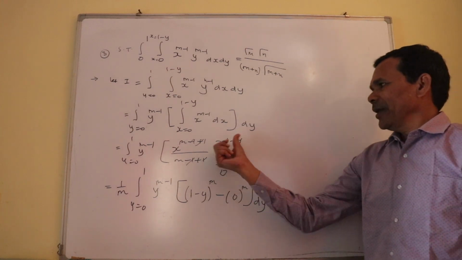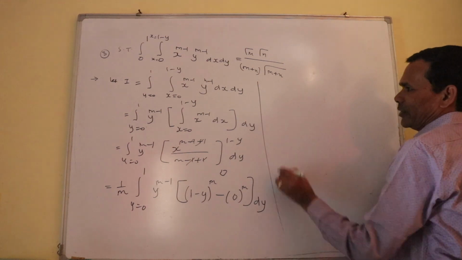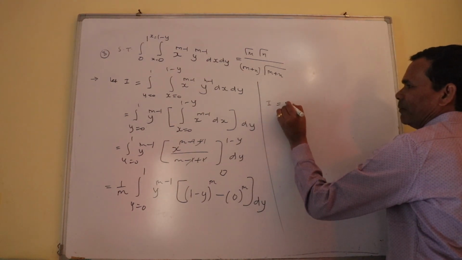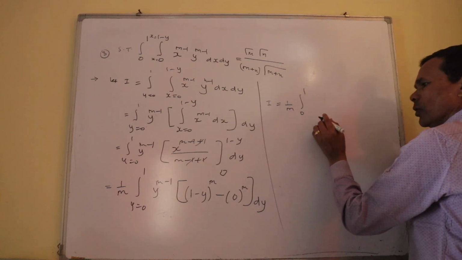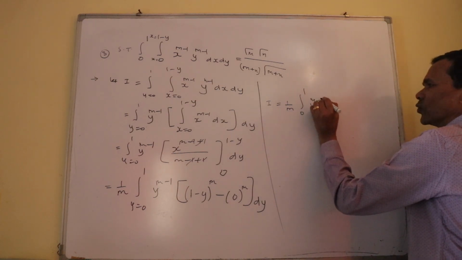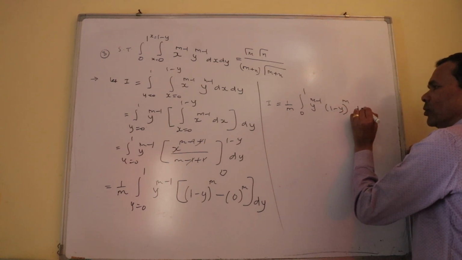So upper limit minus lower limit, and this value is 0. So you may be getting I is equal to the integral 1 upon m, 0 to 1, y raised to n minus 1, 1 minus y bracket raised to m, into dy.